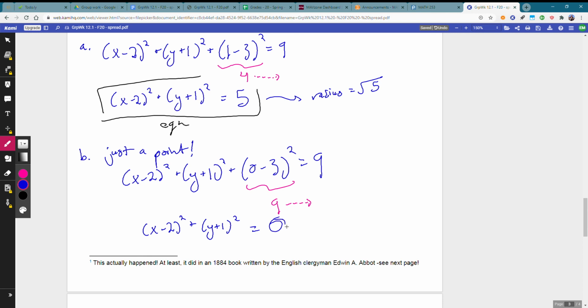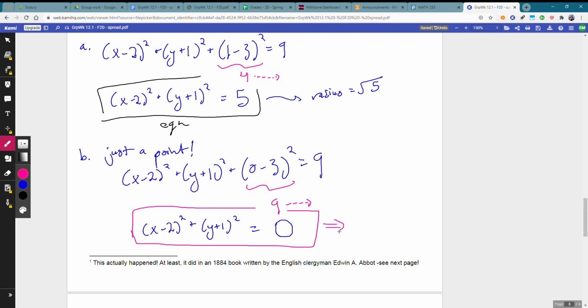And so geometrically, the way we could think about this is that it's a sphere with radius 0, which is a point. Algebraically, what we have going on is that we have something squared plus something squared equals 0. Well, the only way that can happen is if both these things we're adding up actually equal 0 themselves.